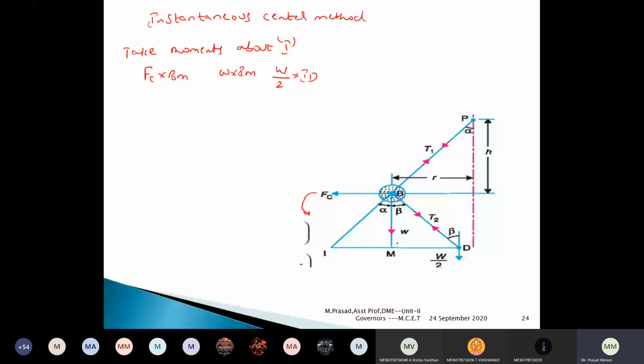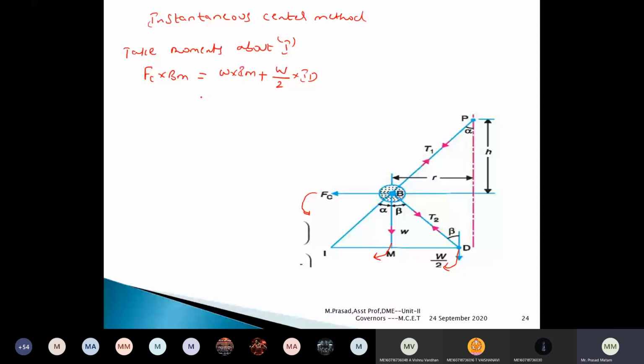Similarly, this W by 2 is also moving clockwise, and these two are anti-clockwise. So one moment is on one side and two are on the other side. This is the equation I am getting: Fc into BM is equal to w into IM plus W by 2 into ID. Now I can solve this.